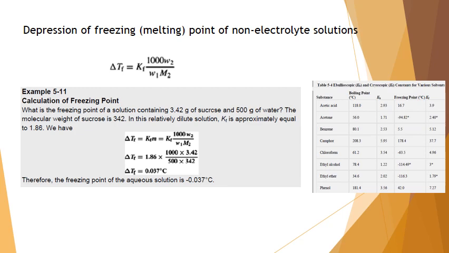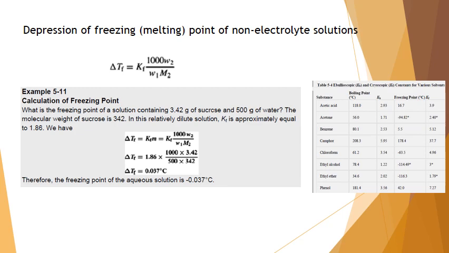So the delta Tf equals 1.86 multiplied by 1000, and then this is multiplied by 3.42, divided by the weight of the solvent multiplied by the molecular weight of the solute.